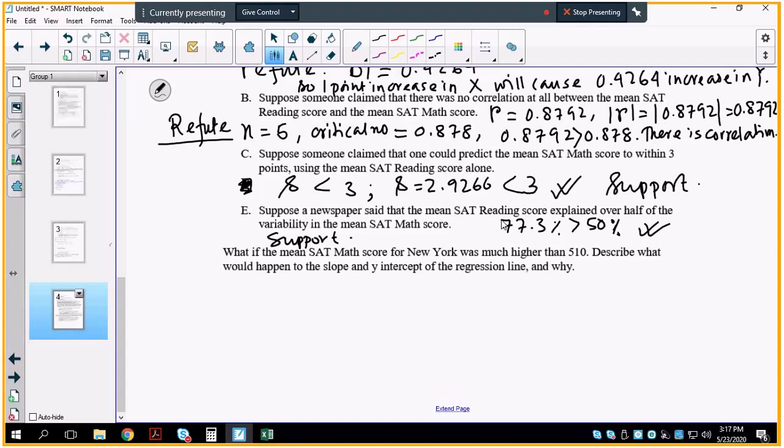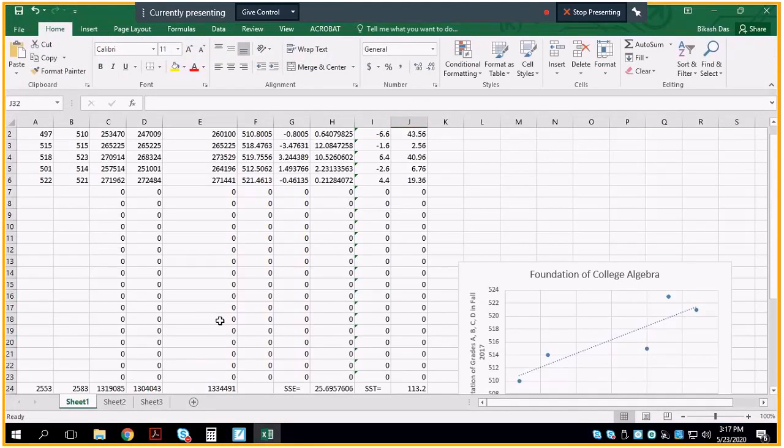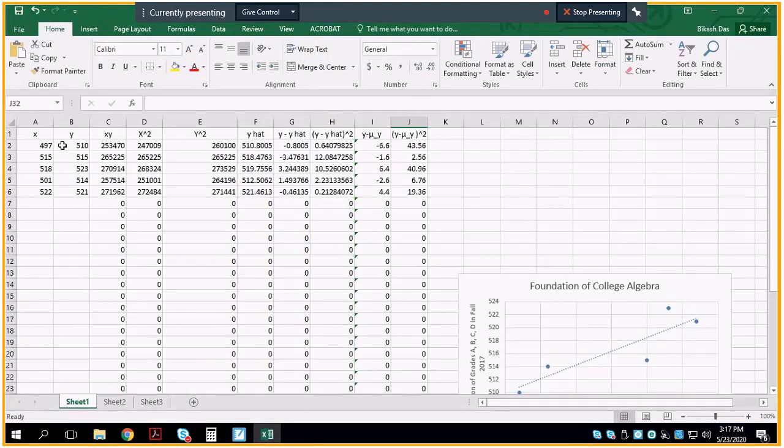What if the mean ACT math score for New York was much higher than 510? Describe what would happen to the slope and the y-intercept of the regression line and why. I will skip the why part, because we are not going to go into the detail of regression analysis. But what I will show you is, if I change the New York score from 510 to a much higher score, for example 700, and see the change in the scatter plot, see how the line has started falling down.